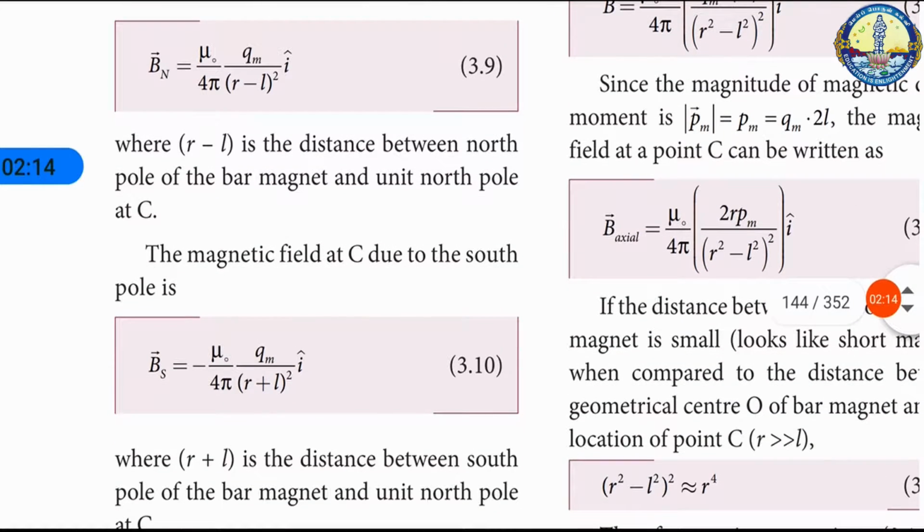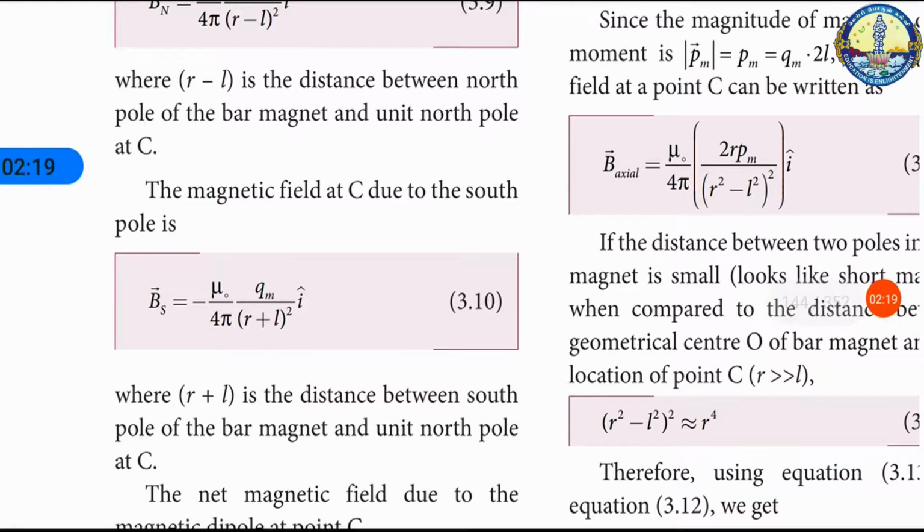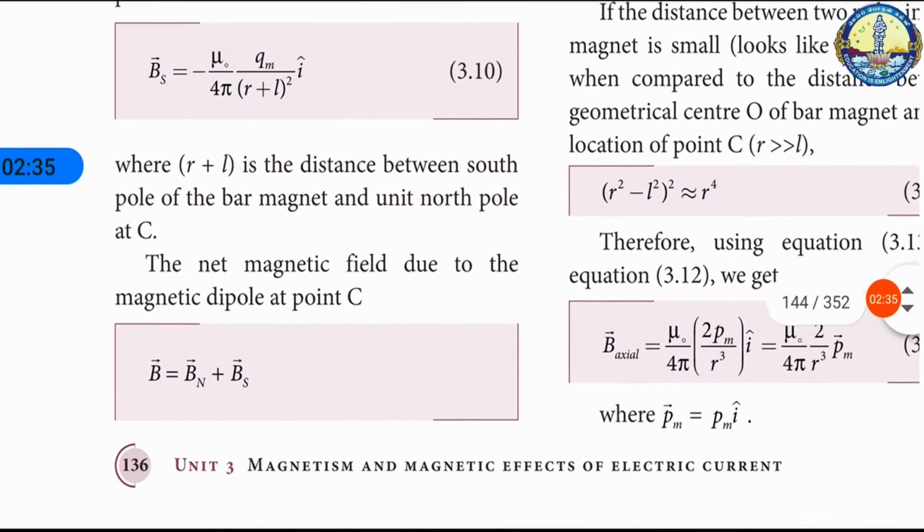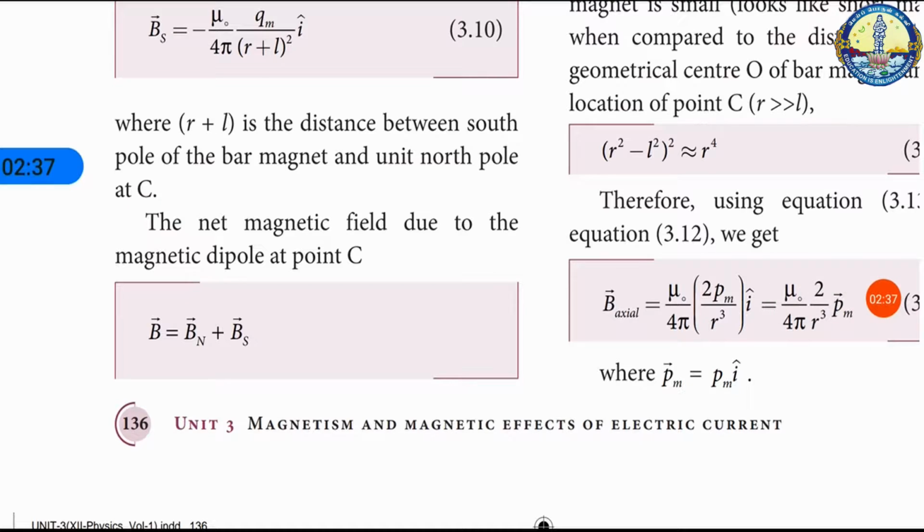Now the magnetic field at C due to the south pole is Bs equal to minus mu naught divided by 4 pi into Qm divided by (r plus L) whole square, in the i direction. Here r plus L is the distance between the south pole of the bar magnet and the unit north pole at C. Now the net magnetic field due to the magnetic dipole at point C is B equal to Bn plus Bs, that is the field due to the north pole and south pole.